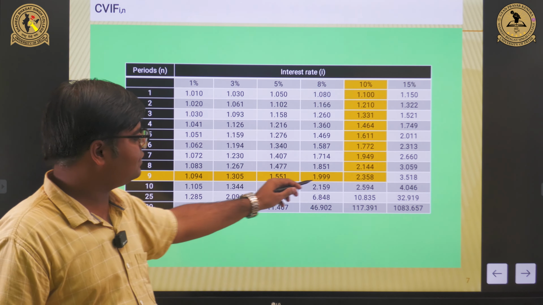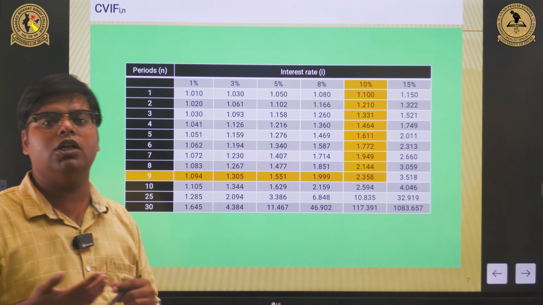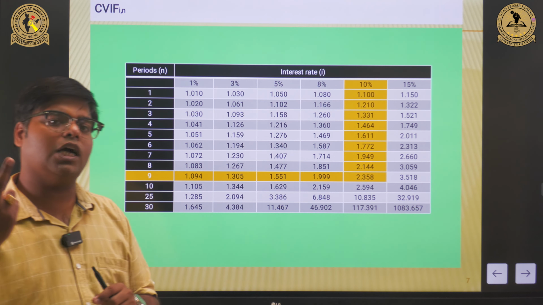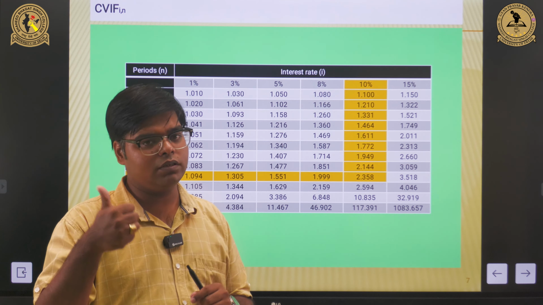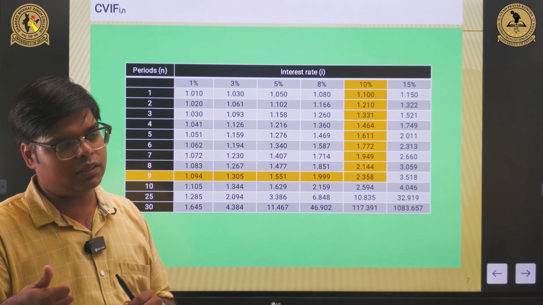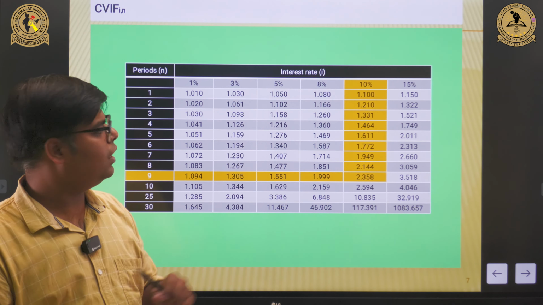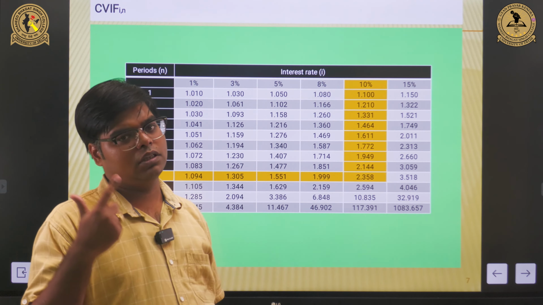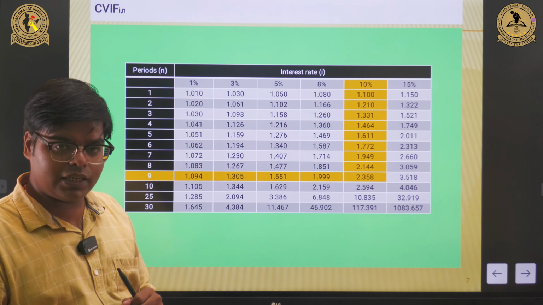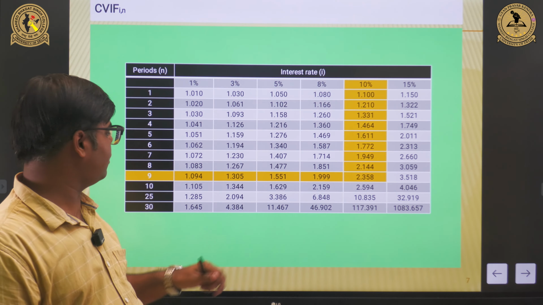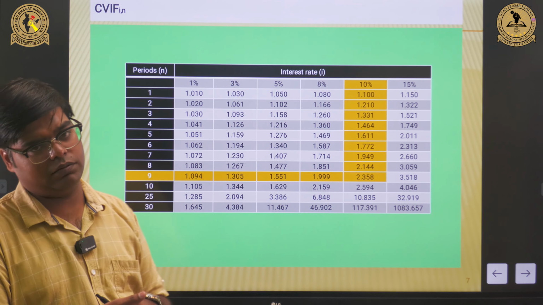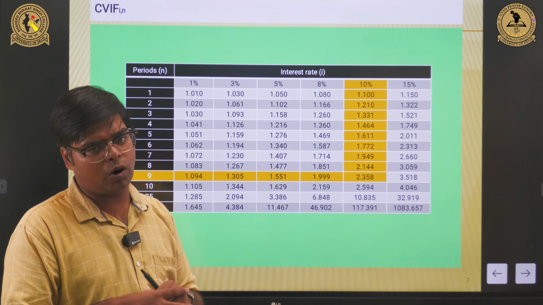So with the increase in the interest rate, the future value also increases. So there are two things which are clear. Number one, longer the time period, higher will be the future value at a given interest rate. Number two, higher the interest rate, higher will be the future value at a given time period. This shows the power of compounding.